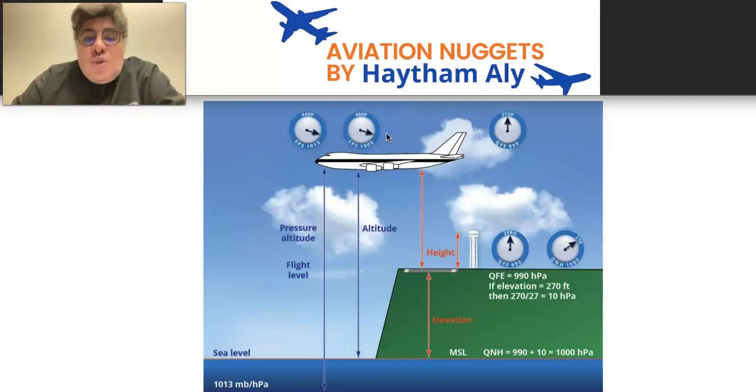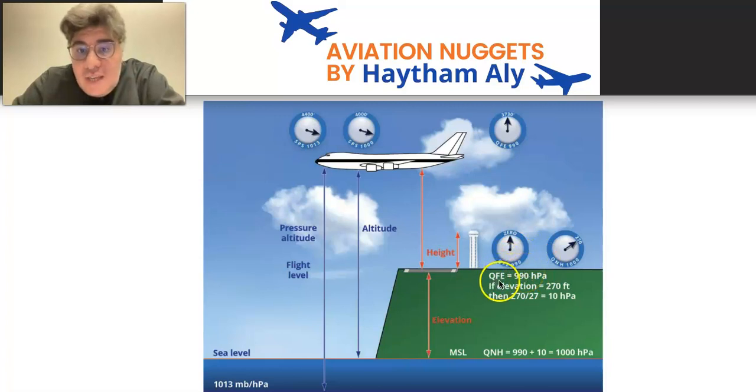And what is height, everybody? Height is the vertical distance of a moving object, like an aeroplane or aircraft, from the runway or from the field elevation. And if you need the altimeter to show you height, you need to put the altimeter pressure setting at QFE, which is the pressure setting related to the field elevation.